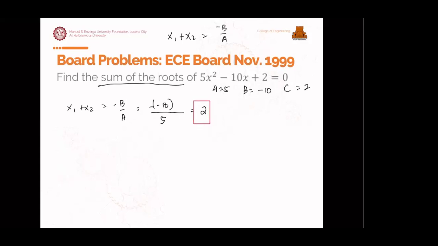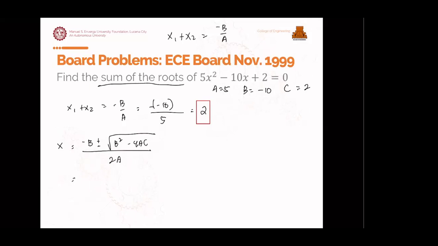Pero paano kung halimbawa, dahil sa dami din ng minememorize na equation, hindi natin natandaan na negative b over a lang pala yung solution? Ang kailangan natin gawin, kunin natin yung value ng x1 at x2 using quadratic formula. x natin is equals to negative b plus minus square root of b squared minus 4ac over 2a.